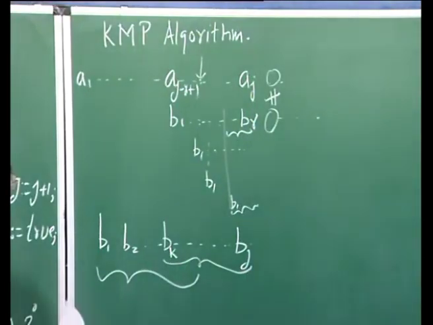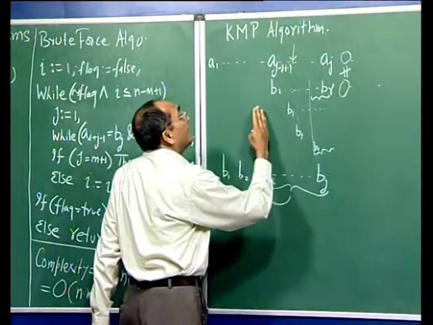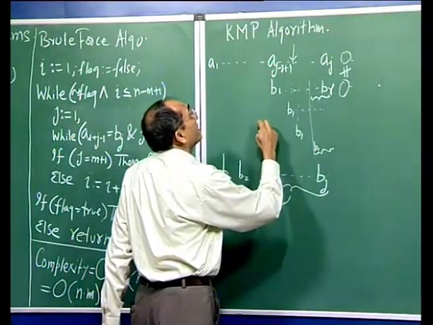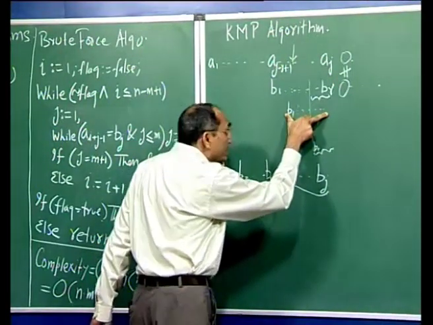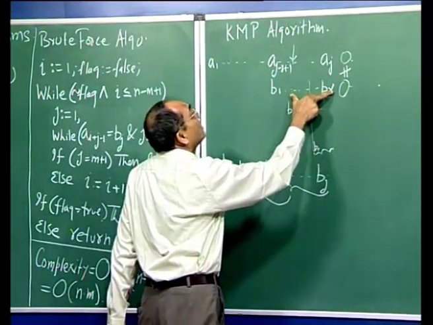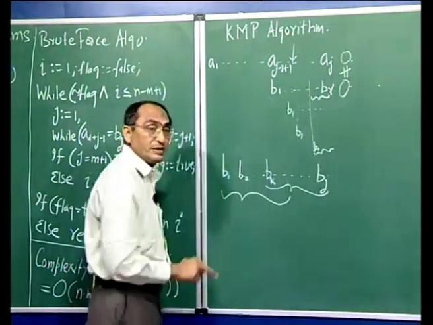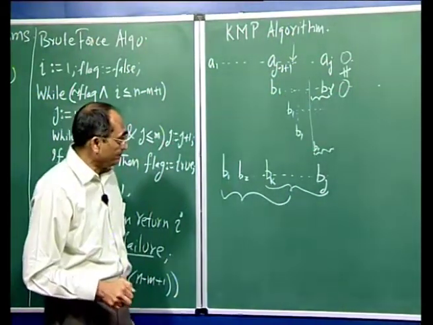Isn't that what we want? So, we would like to stay to our left as far as possible and locate a string, that is to say, as long a string as possible, which is equal to the last symbols as well as the first so many symbols of the pattern.